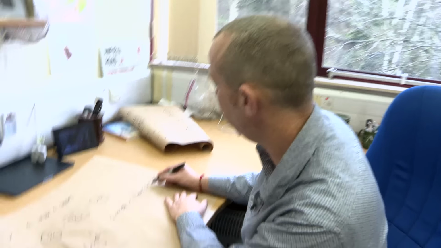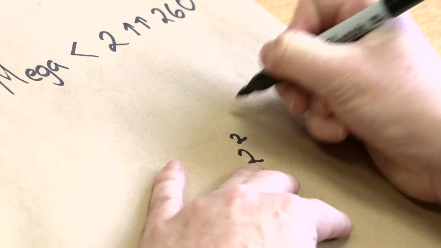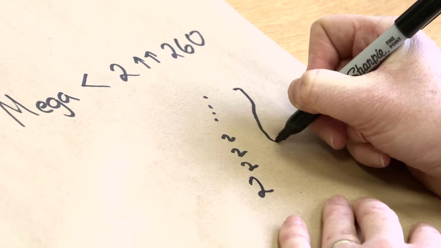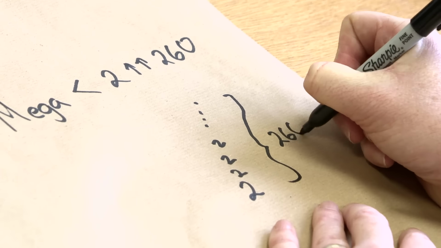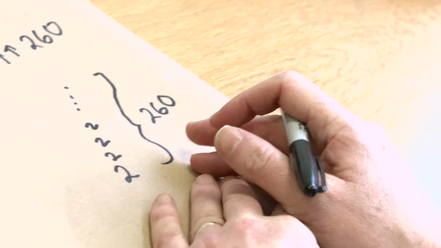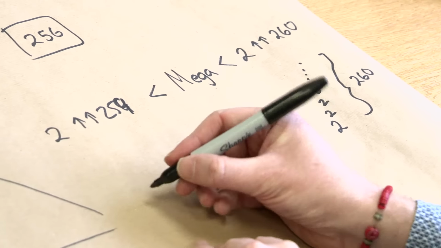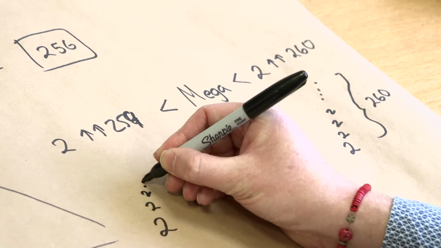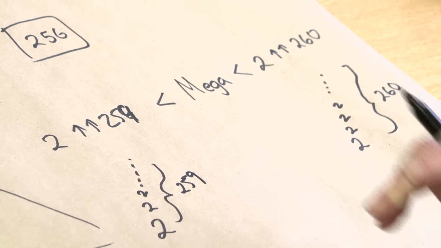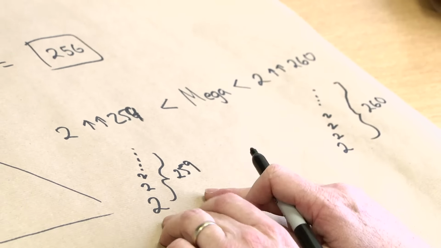If I write 2 double arrow 260, that means 2 to the 2 to the 2 to the 2, where that tower of 2s is 260 levels high. Very big number. For 2 double arrow 259, the power tower is 259 levels high. So a mega is bigger than that number. It's not bigger than the other number, but it is bigger than this one.